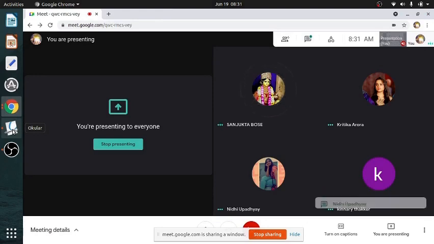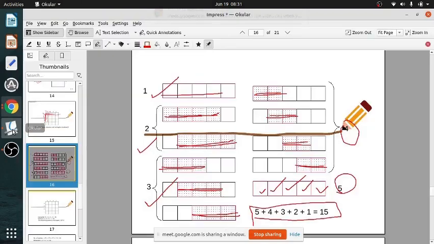Leave and rejoin. If anyone has a problem in audio, just leave and rejoin, then the audio will be okay. And if all of you are not getting it, then I will leave and rejoin.